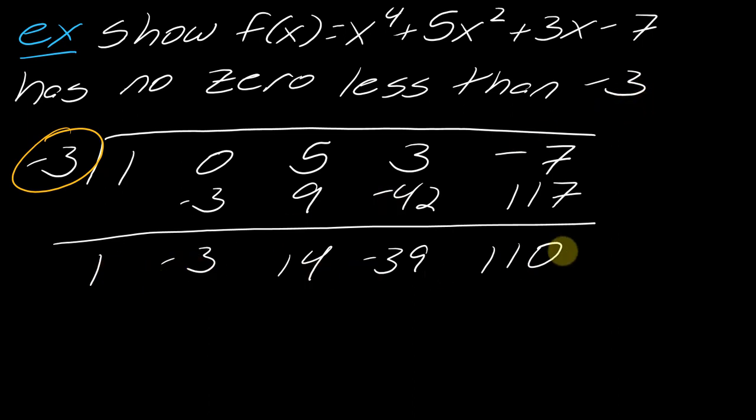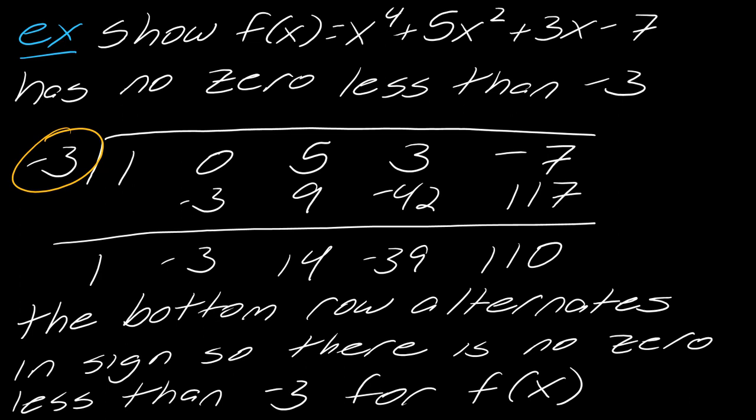If you had this result, then you would know not to try anything less than negative 3. The way I would explain this is that the bottom row alternates in sign, so there is no 0 less than negative 3 for f of x. If you pay attention to your synthetic division and notice things like this, it helps you make stronger guesses.